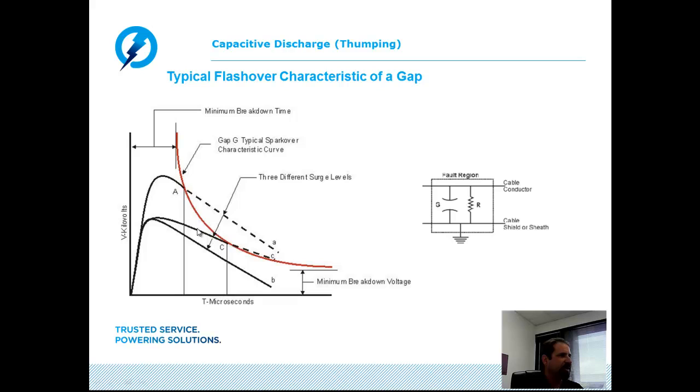More importantly, having higher energy, we are able to overcome the capacitive effect of the cable and associated losses. So we have plenty of time and voltage to intersect the characteristic breakdown curve. We successfully cause the arc to flash over, and we're able to successfully find the fault.